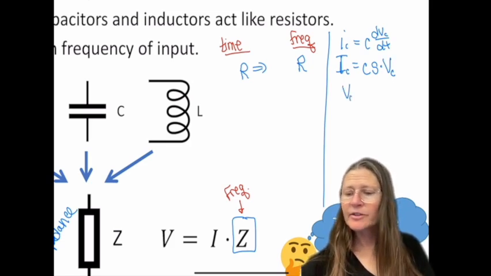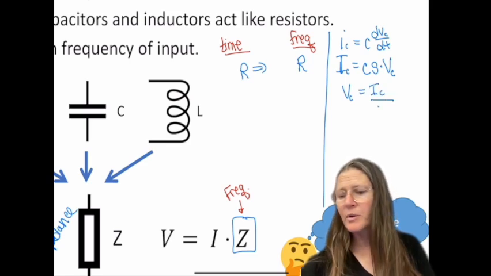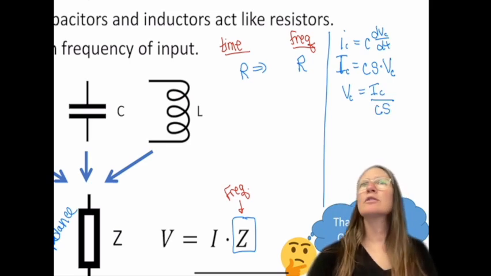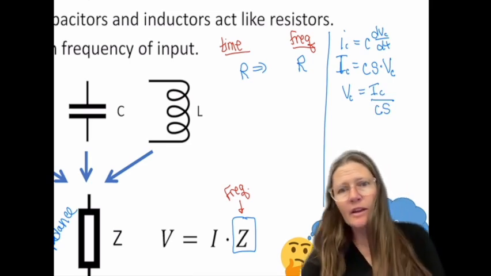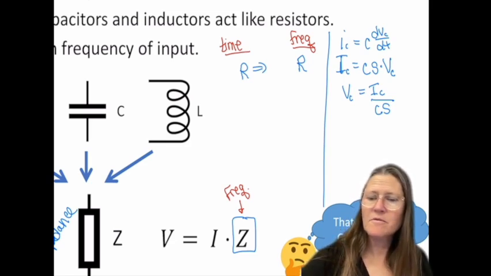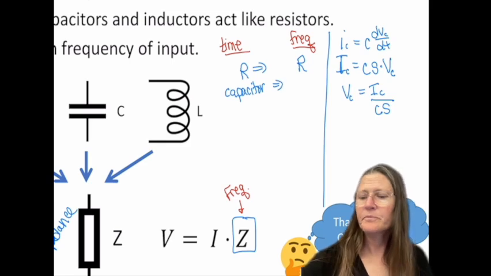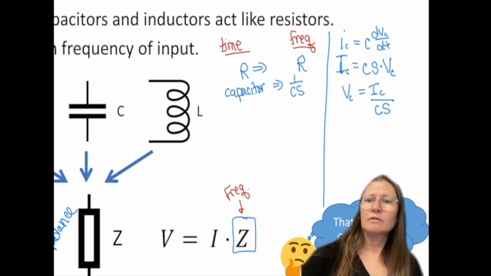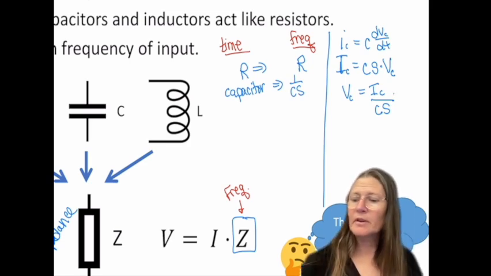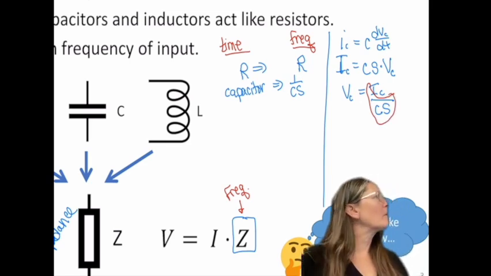So then Vc is going to equal Ic divided by Cs. So what is our Z in this case? It becomes 1 over Cs, right? You guys see that? So this is the Z.